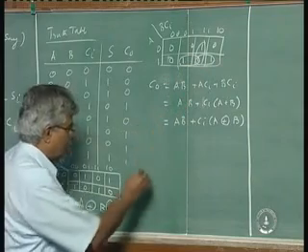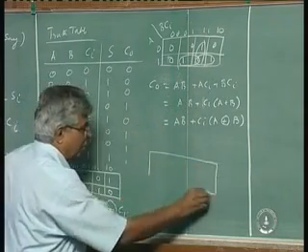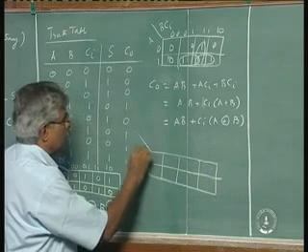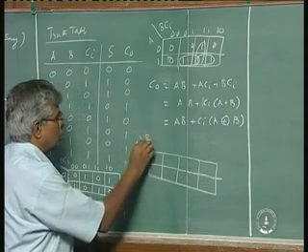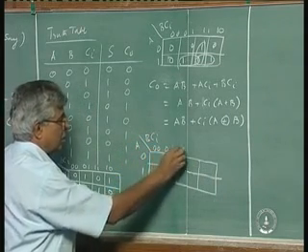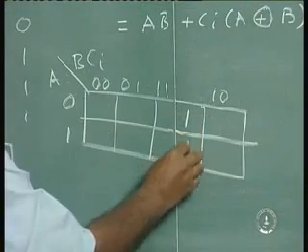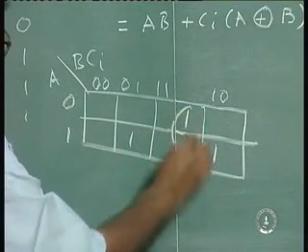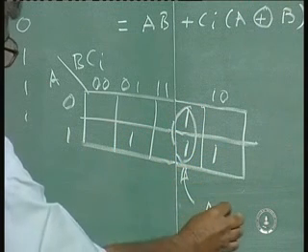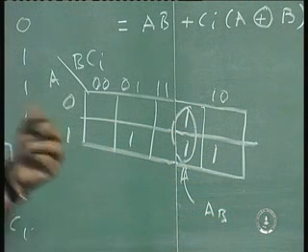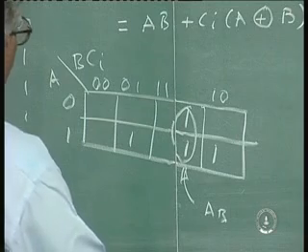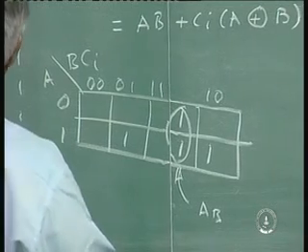So what I am saying is, again I will do it here one more time. Consider this carefully. I have already considered this as AB. BCI, AB.